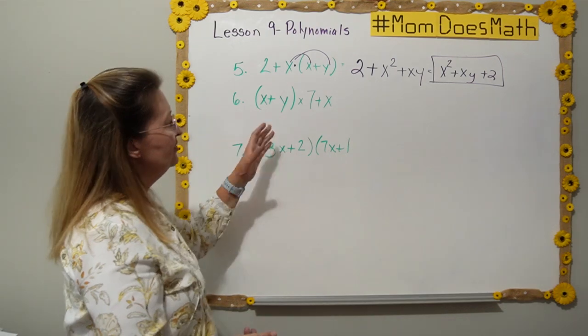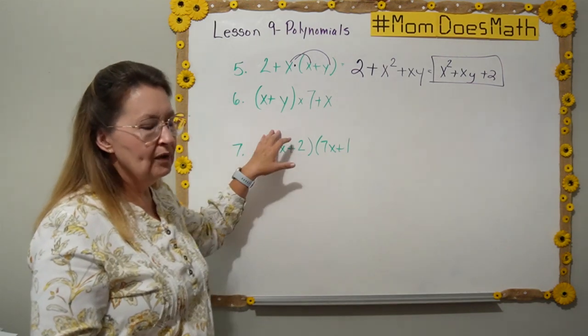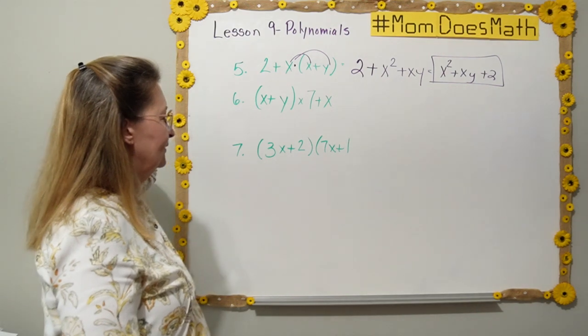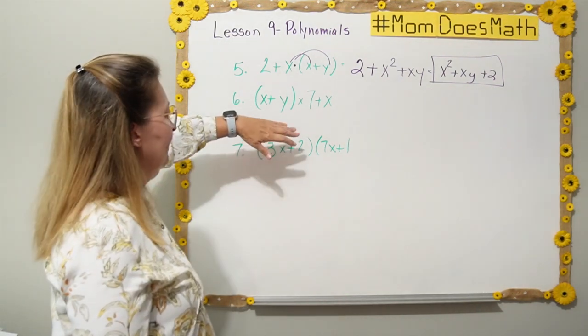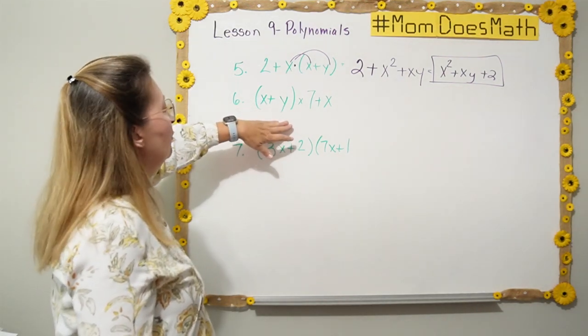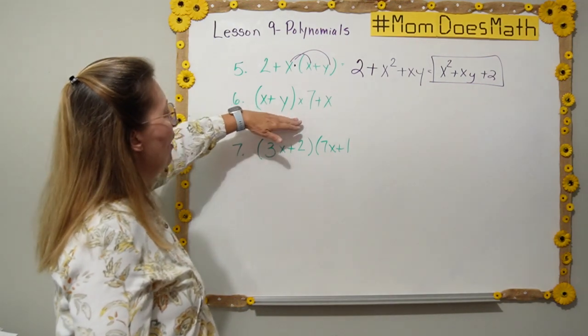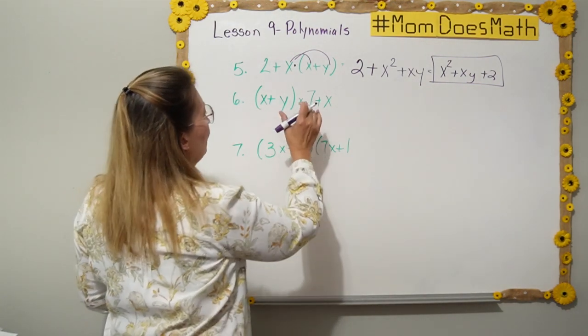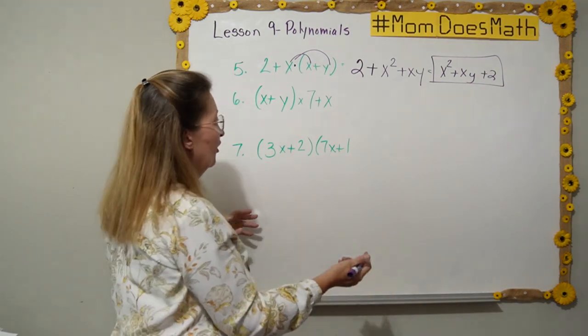All right, let's look at number 6. This was written weirdly because I was trying to get a point across, but best laid plans don't always work out. Anyway, what you've got here is x plus y times 7 plus x. So what I wanted you to understand was the multiplication has to come first.